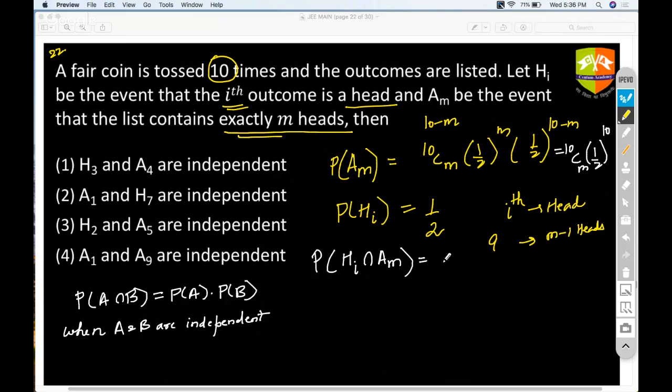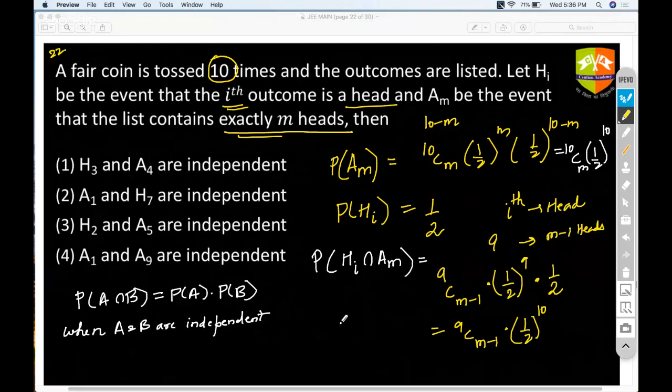So probability for that to happen would be choosing any M minus 1 throws from the 9, which will give you a head. That's going to be this. And the ith throw, which is going to be a head, is going to be half. That's nothing but 9cm minus 1 into half to the power of 10. Correct?